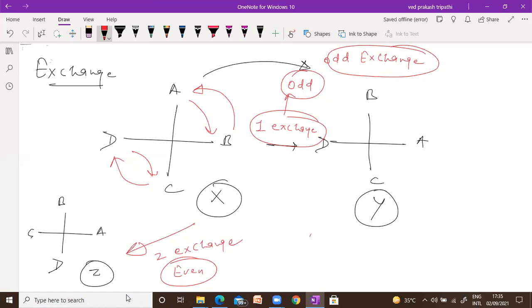Means we can say even exchange, same configuration. Suppose if X is R, then Z will also be R, because this is even exchange. While odd exchange has a different configuration. You can say if X is R, then it will be S.